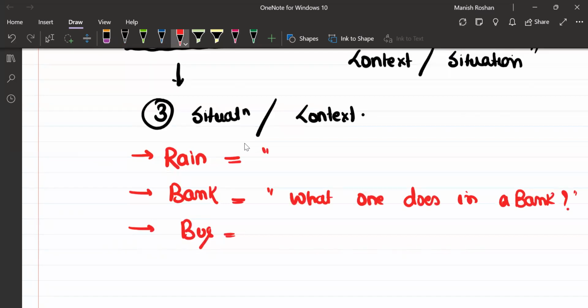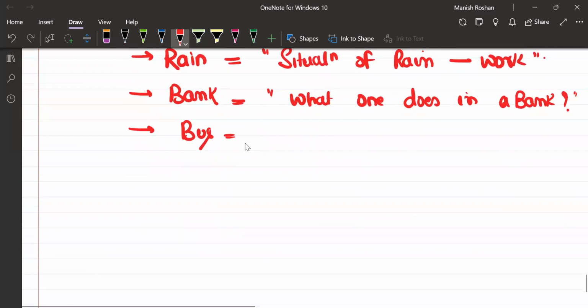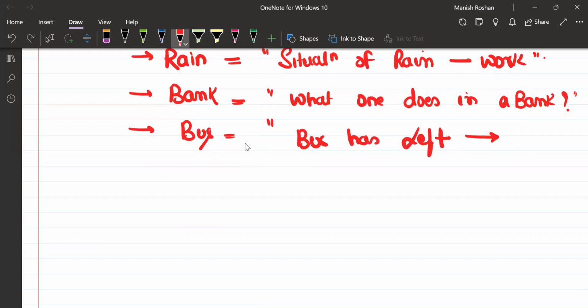For rain, the situation is associated with important work: a work has to be done, but it is raining. How would he or she handle that situation? For the bus, the bus has left and you have to visit an important place. What should be done?